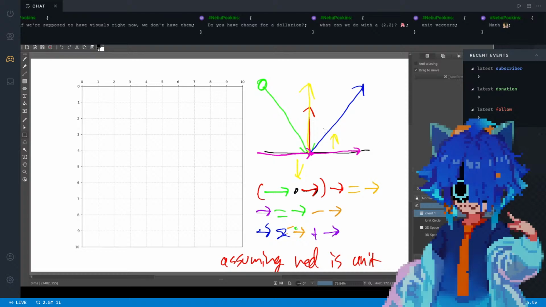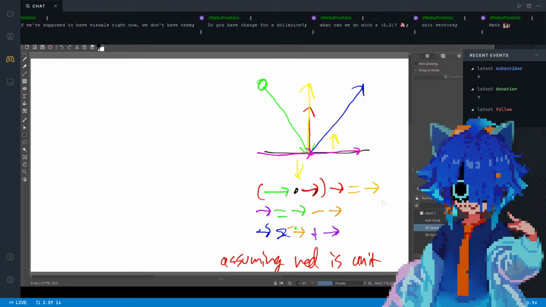So what does all of that look like written out in letters instead of just colored vectors? So let's hide our 2D space to give us a little bit more room. So if we call the green vector D, so the direction that we want to move in, and we call our red vector N with a little hat.